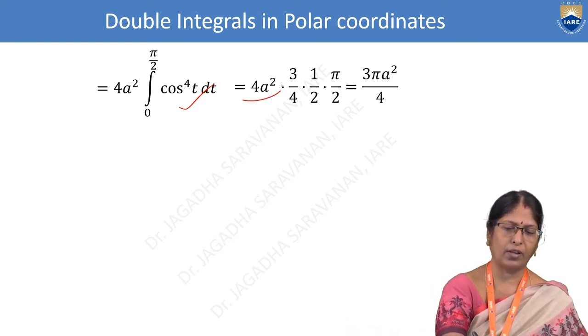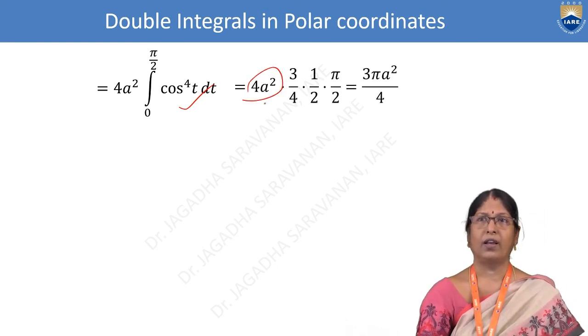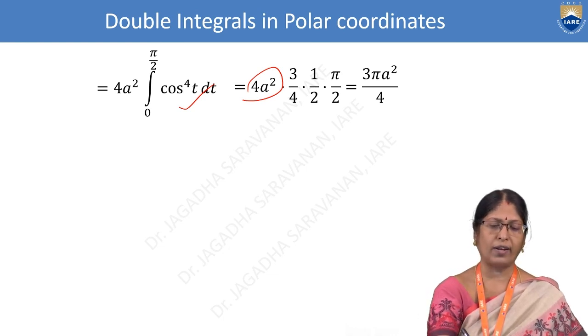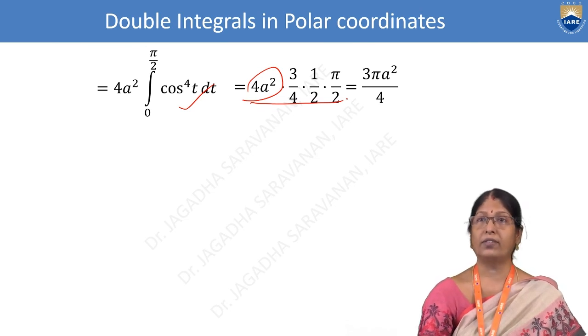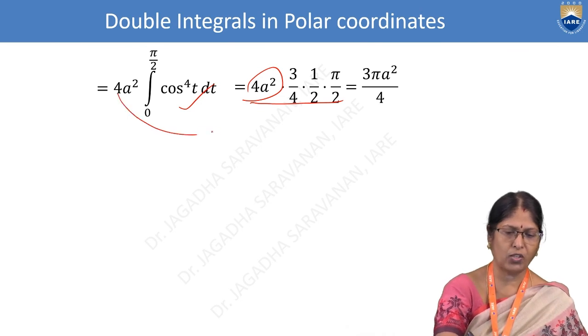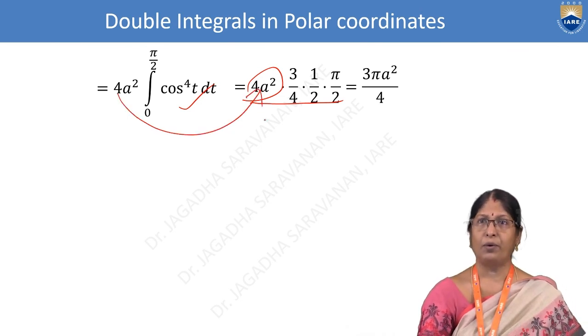Now there is a doubt ringing in our mind: how suddenly have we written it this way? This 4a square is written as it is. We have taken help from the reduction formula.